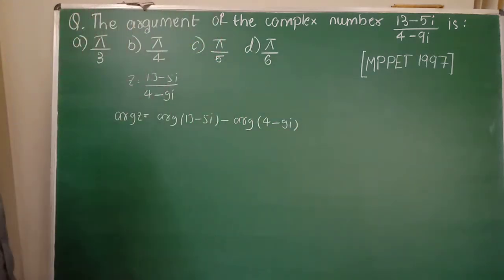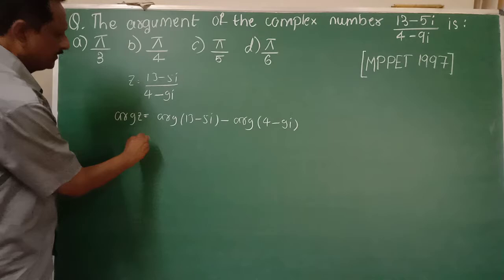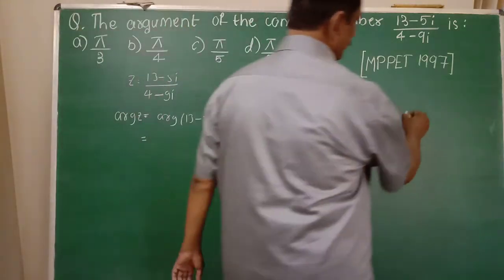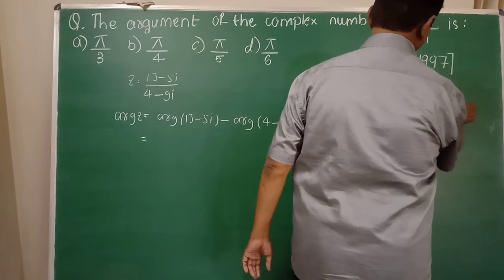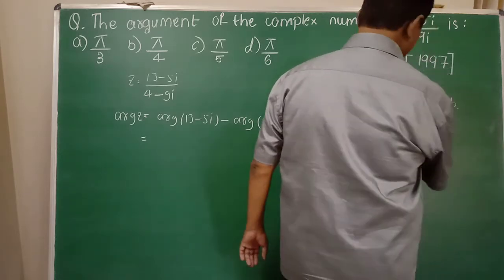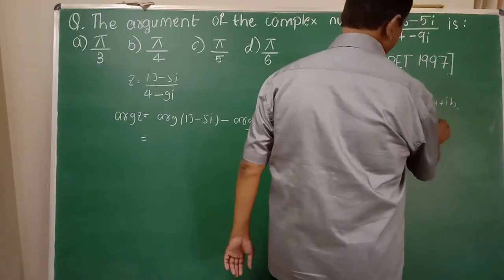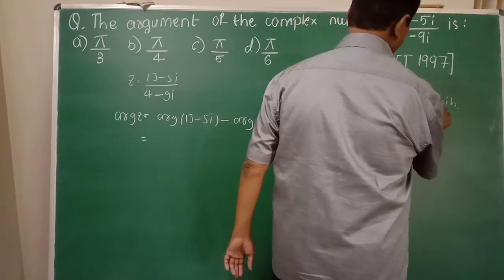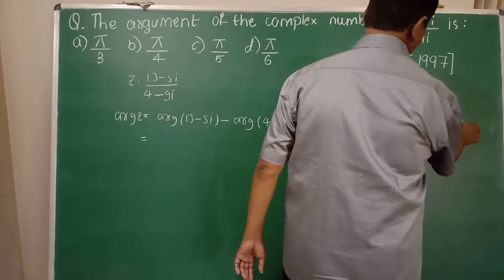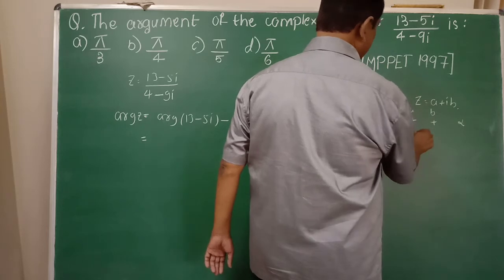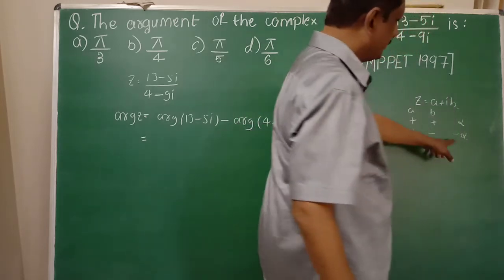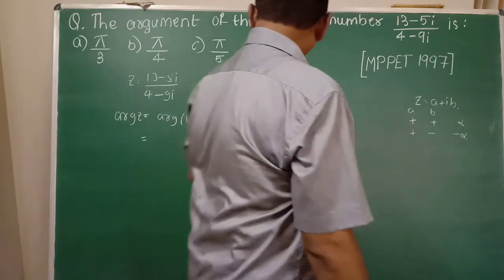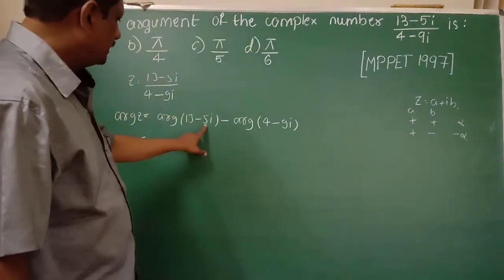4 minus 9i. Therefore, you know that suppose Z is equal to a plus i into b. This is a complex number. If a is positive and b is positive, then the argument is alpha here. Then if a is positive, b negative, then its argument is minus alpha here. So you are using this here because it is positive and it is negative here.